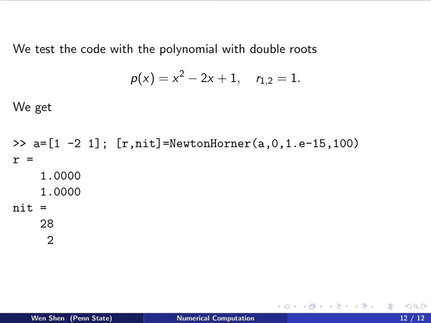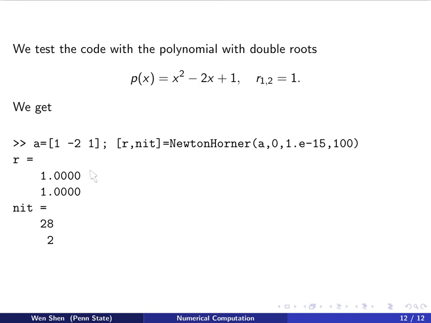Here is how you call it. You write a vector to collect the coefficients, and then you send it in as an input for Newton-Hörner, and for the initial guess we just put 0. The tolerance is e to the negative 15, and the maximum number of iterations is 100.